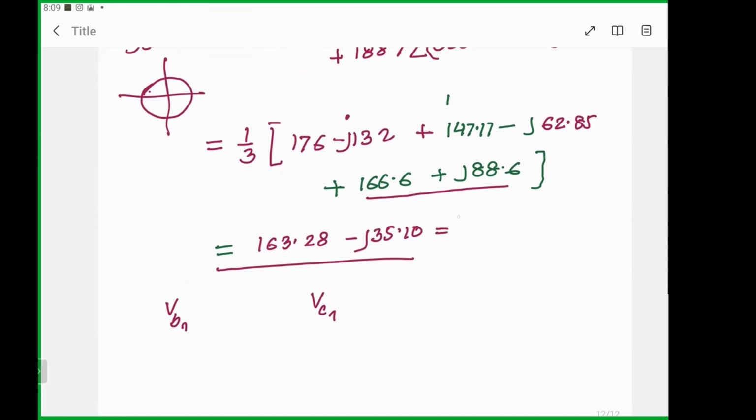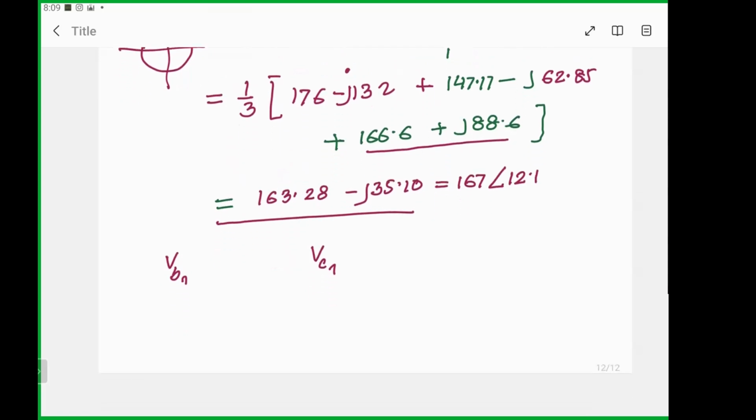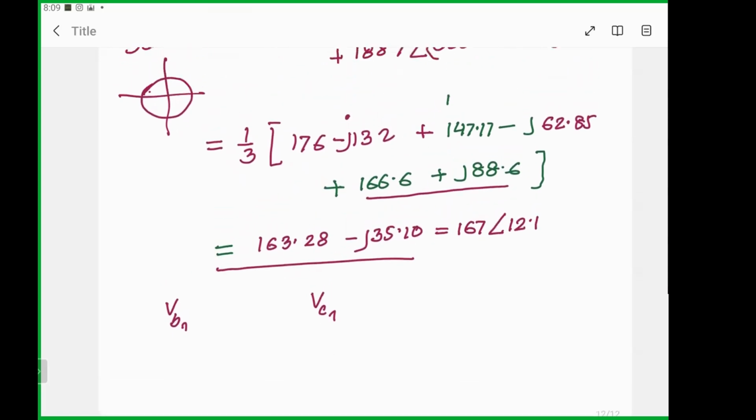So polar form will be, what is the value? 167, angle 12.1. Yes. Okay, so all of you have got the same value?